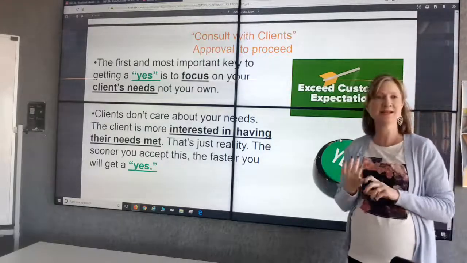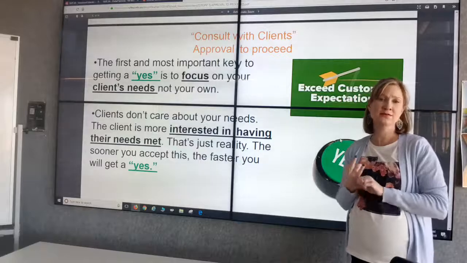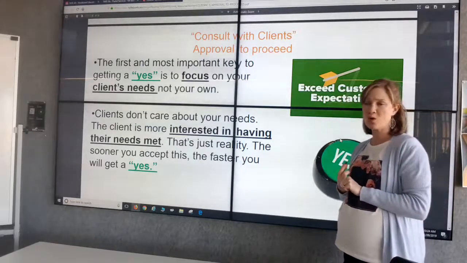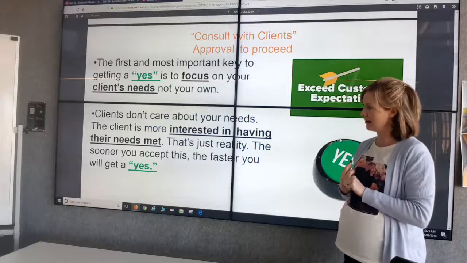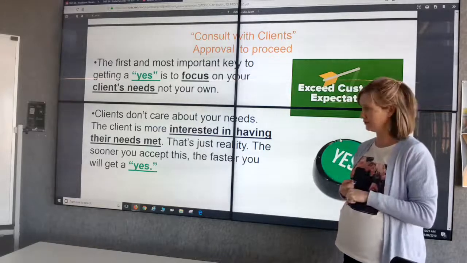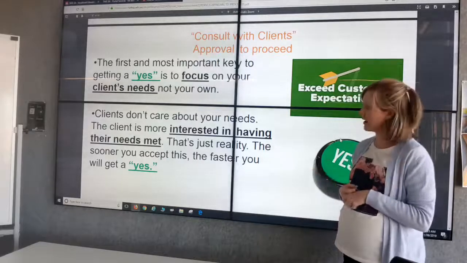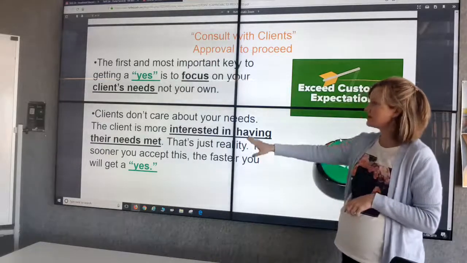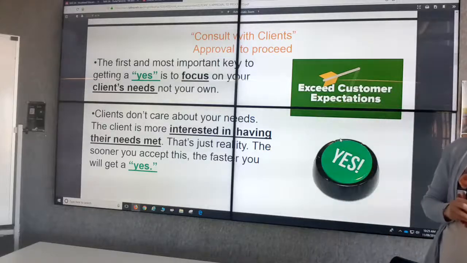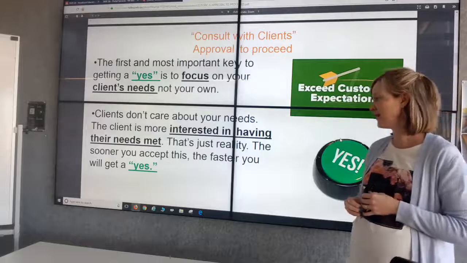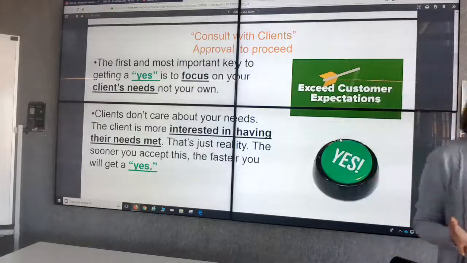We make sure that the materials that are chosen fit within that budget and that all other requirements are met, and we try our best to meet that within a time limit. So the client is more interested in having their needs met. That's just reality. The sooner you accept this, the faster you will get that yes.